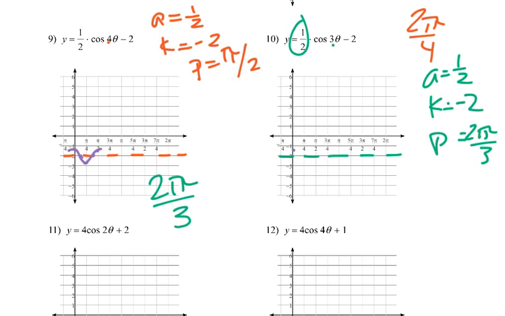Then we end at 2 pi thirds, which is about right here. In between those two, we go below 1/2. Then in between first and middle on the midline, middle and last on the midline as well. So it looks like that. Very similar, just different periods. And you can see how that kind of stretched it out a little bit.